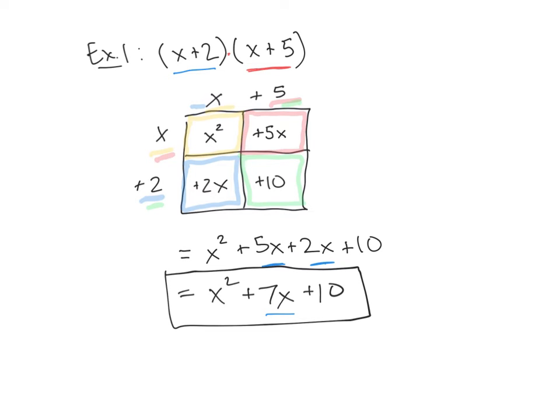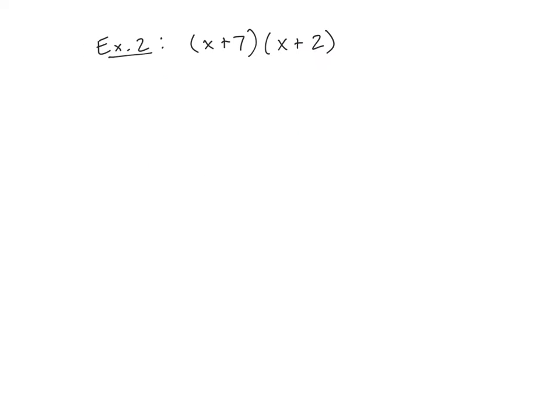That covers my general strategy for these multiplying polynomial problems. I'm going to draw a box, multiply into the boxes, and then add up those boxes. If there are any like terms, I'll combine them in the end. In this case, my answer is x squared plus 7x plus 10.